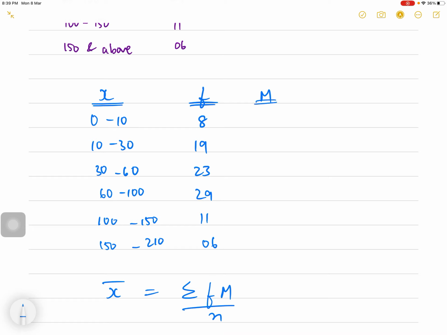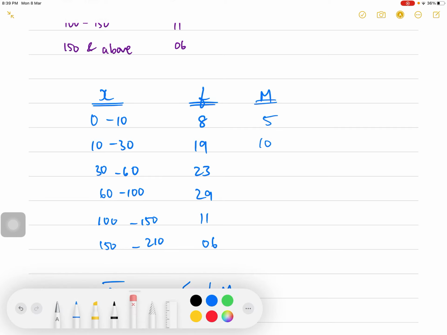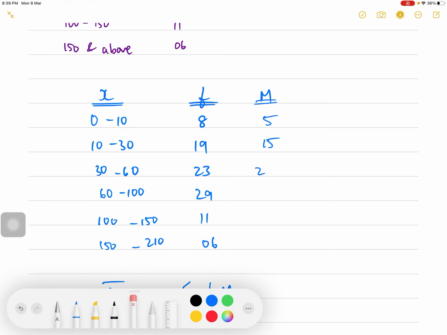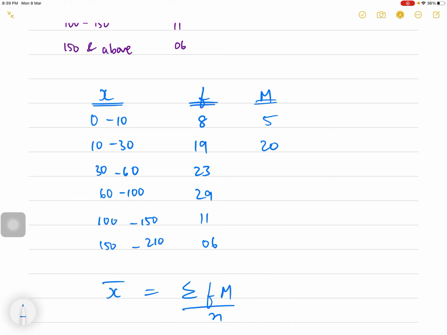So here midpoints are 5, 10... oh no, it's not 15, sorry. 5 and then 20, 90 divided by 2 is 45, 160 divided by 2 is 80, 250 divided by 2 is 125, and 210 plus 150 is 360, half is 180.